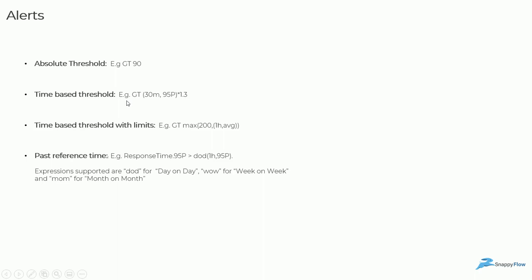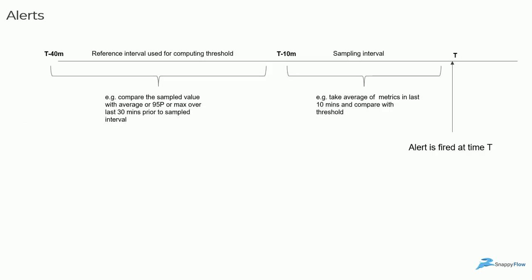Time-based thresholds. For example, primary metric value calculated over the sampling period is greater than 95th percentile of the metric taken over 30-minute window into 1.3. Let me explain what this means. So if my alert is fired at time t and my sampling interval is 10 minutes, this is the window over which the primary metric is evaluated.